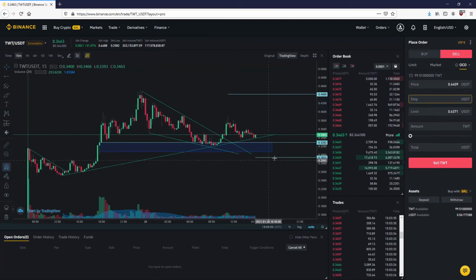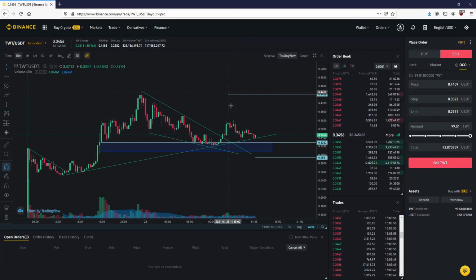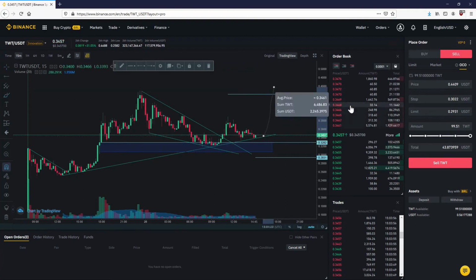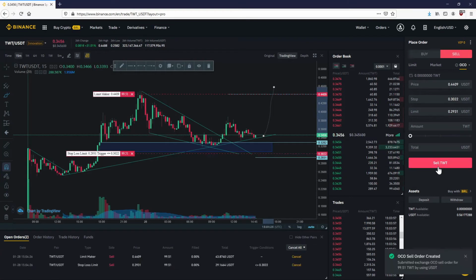Assuming price closes below this box at this highlighted price line, I want an order to be opened in the order book to sell at this line here, so my limit will be 0.2931. Then the amount, assuming I want to sell all I have. So this means if price rises from the level it is at right now and comes here, my coin will be sold.